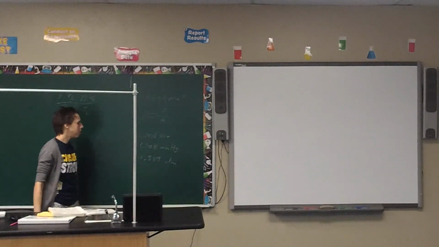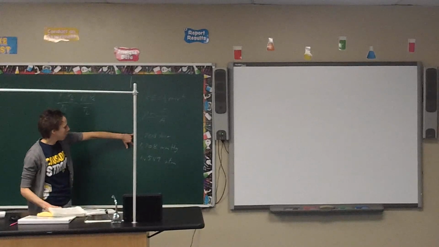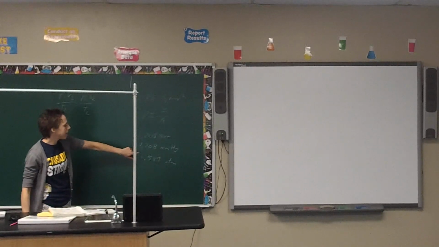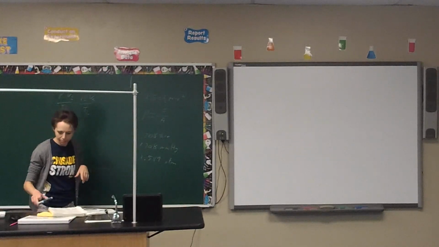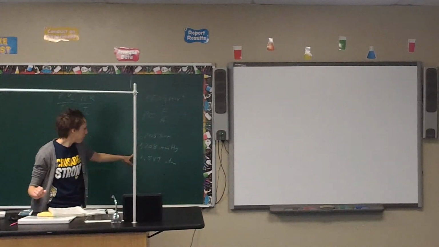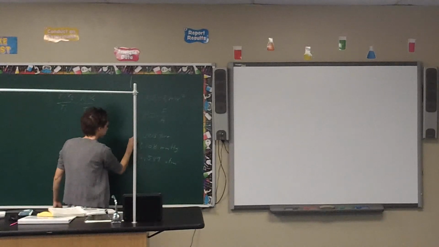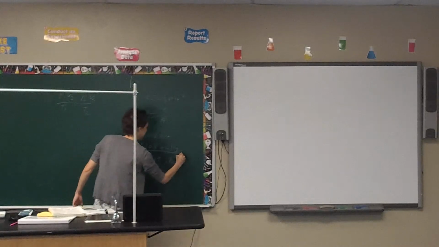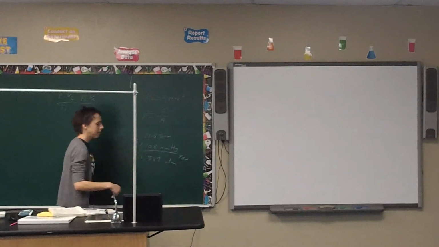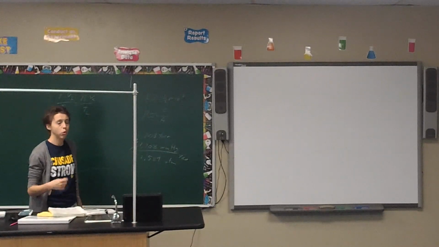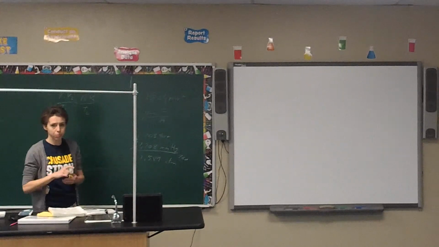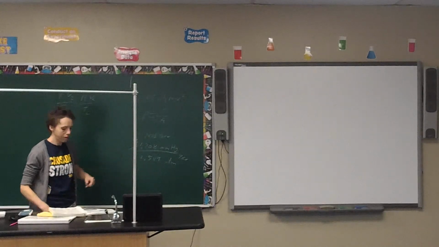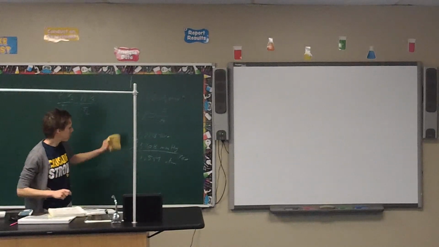So make sure that you understand that these two are equal, but I have to divide by 760 if I'm going from millimeters of mercury or torr into ATM. So that's where I got this number from. And then vice versa, you want to multiply if you want to go from ATM to torr or millimeters of mercury. So make sure that you understand what you're doing to that.